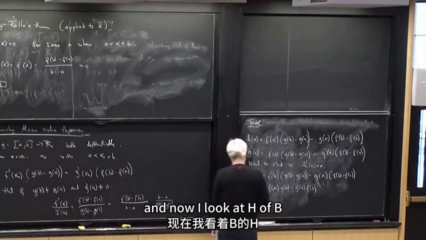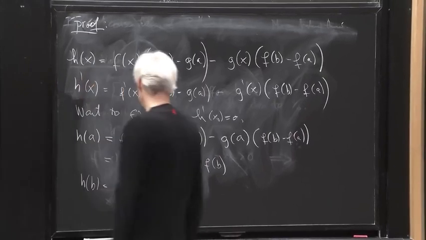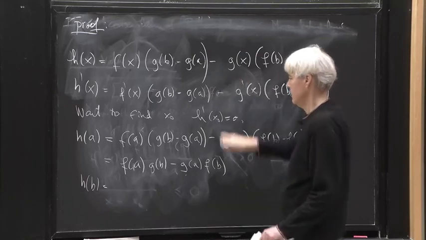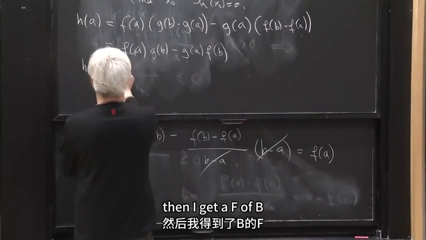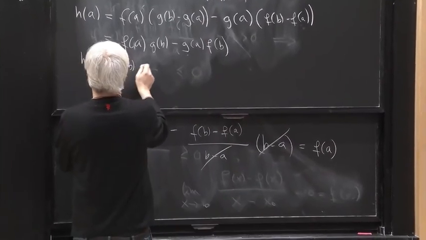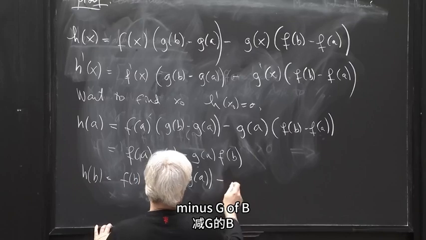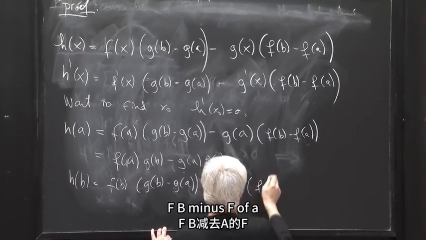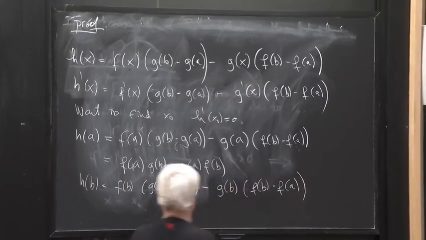So that's what I get there. And now I look at h of b. If I plug in b up here for x, then I get f of b, g of b minus g of a, minus g of b, f of b minus f of a. Okay?